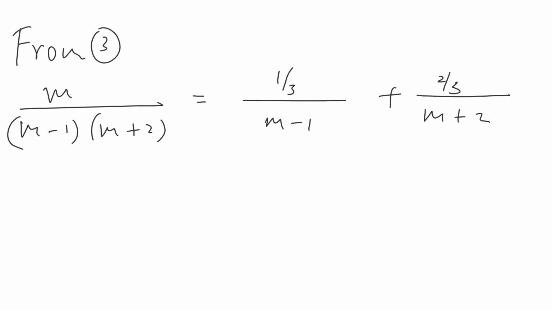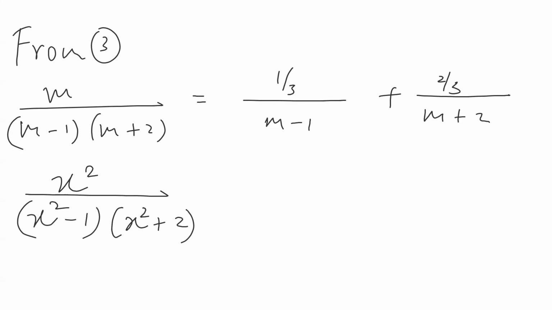Okay. Now before we integrate, this m is not a variable of method of substitution. M we took for our convenience within partial fractions. So replace m by x square. This is a very crucial thing. In method of substitution, we don't do this. We directly integrate with respect to t.